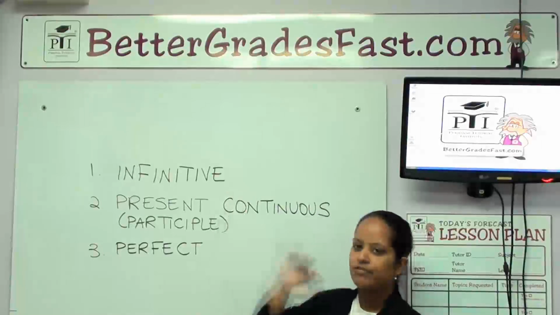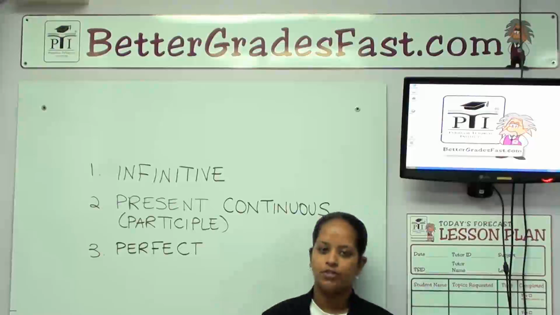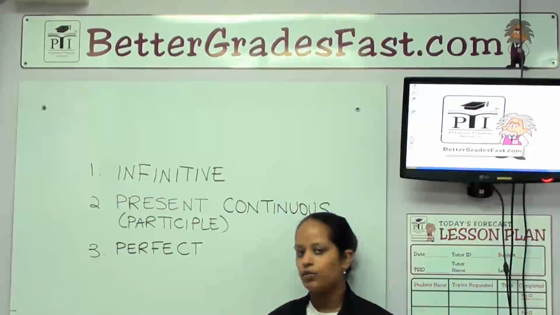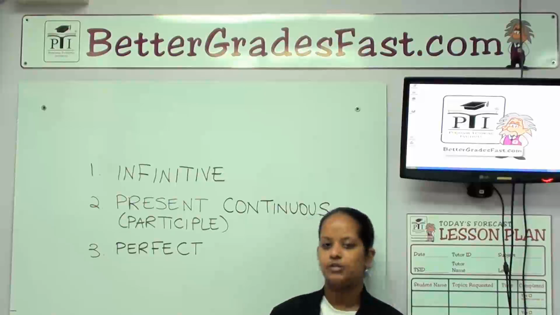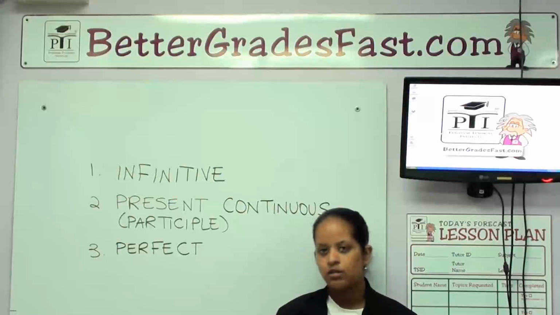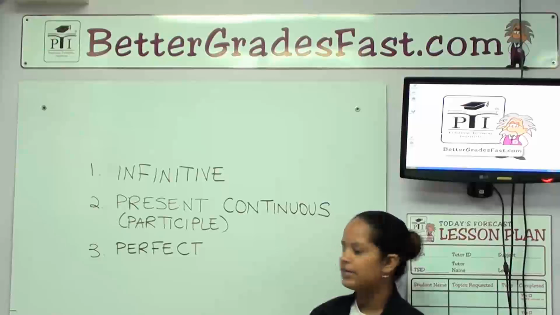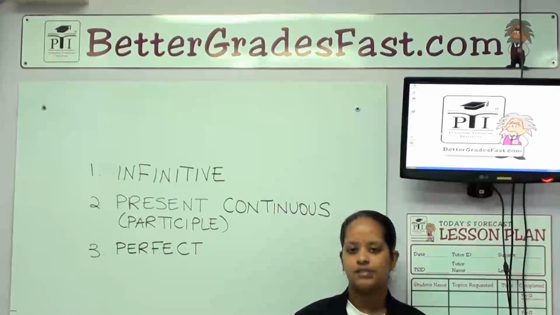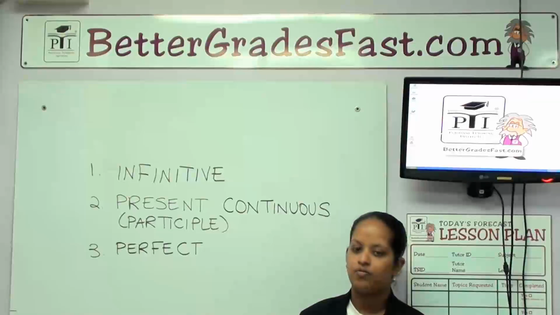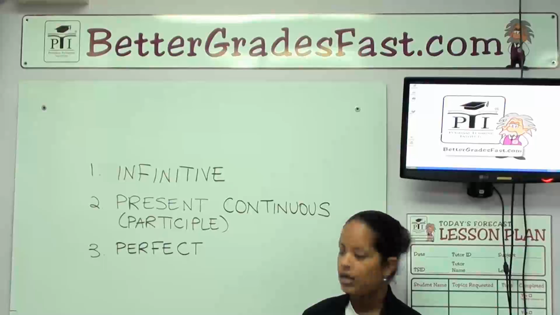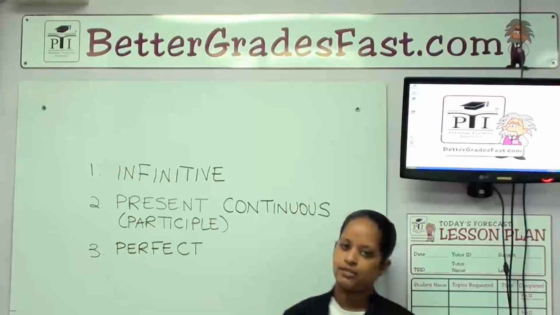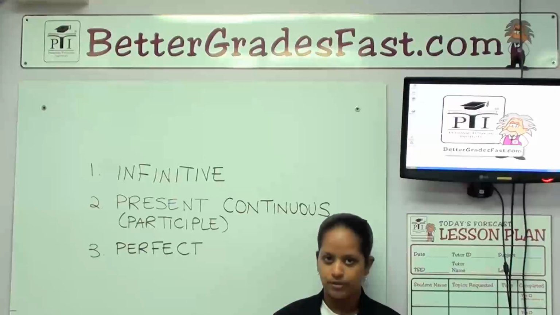The infinitive is the main part of your verb, beginning with the word to and ending with the action word, for example, to eat, to talk, to run, etc. Your present continuous tense has to have a helping verb from to be and a present participle ending in ing.